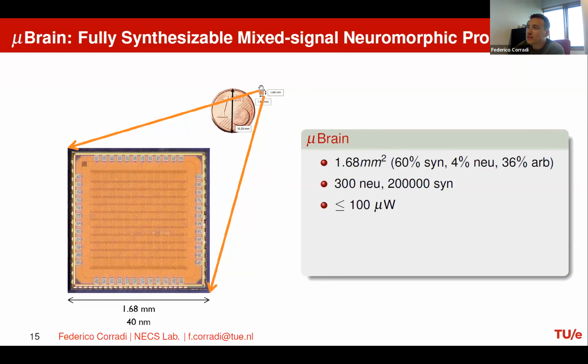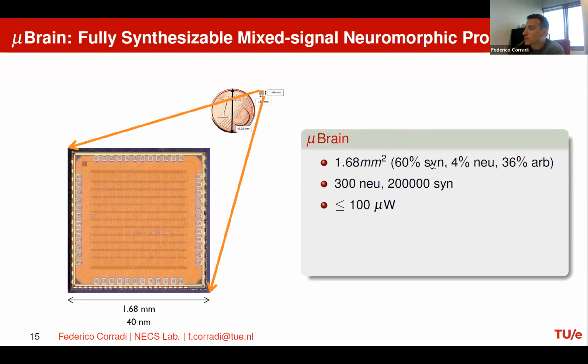And so what you see, for example, is that now we can do very tiny devices. This is a microbrain. The first microbrain chip that we did is 1.68 square millimeters. This is close to 1 euro cent. It was done with 40 nanometer digital technology, and the only cell that we did to really do the layout was the delay cell.